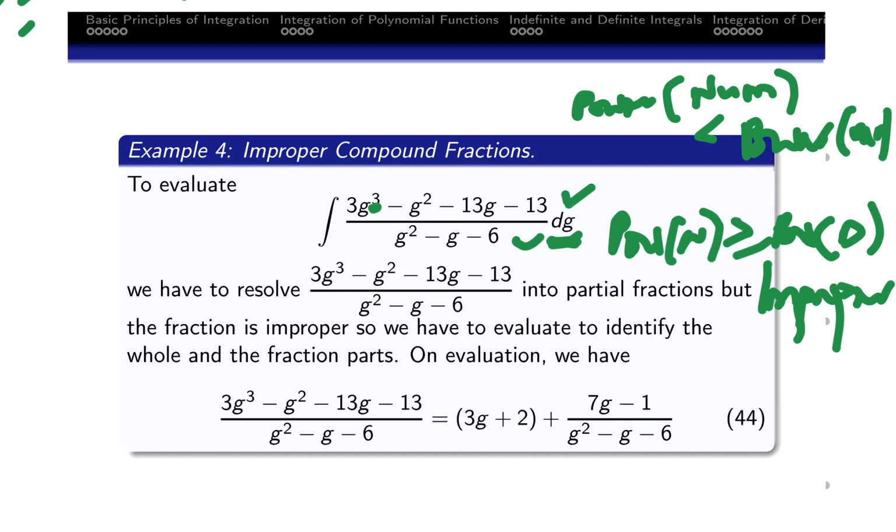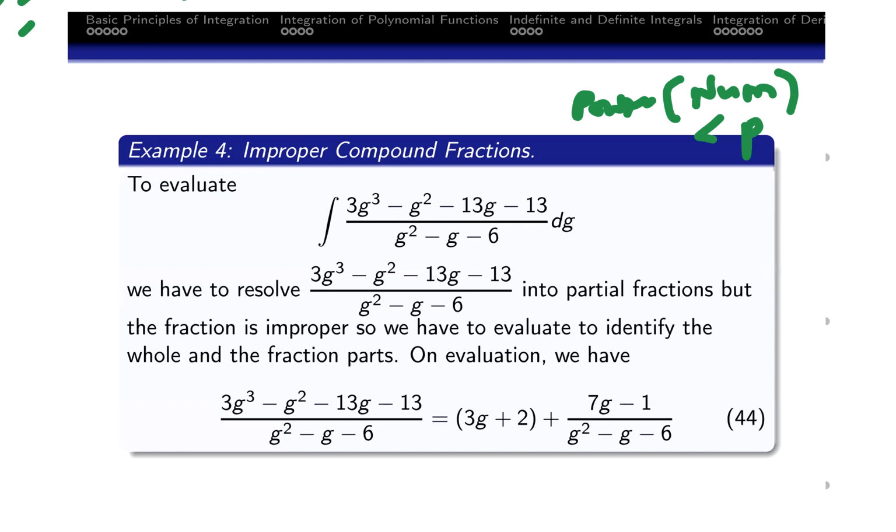The only time it is proper is when the power at the top is smaller than the power below. Once the power at the top and the power below are the same, or the power at the top is greater, you have an improper compound fraction. So here, clearly, this expression is an improper compound fraction.